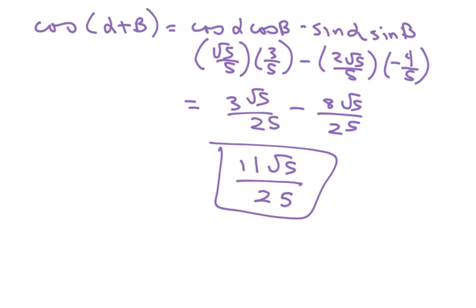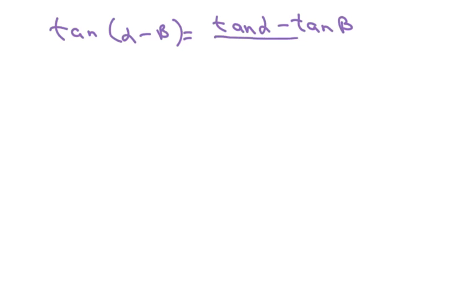And that's your answer. And the last one we have to do is tangent. So we have tangent of alpha minus beta. And that formula is tan of alpha minus tan of beta over 1 plus tan of alpha tan of beta. We're just going to plug everything in.